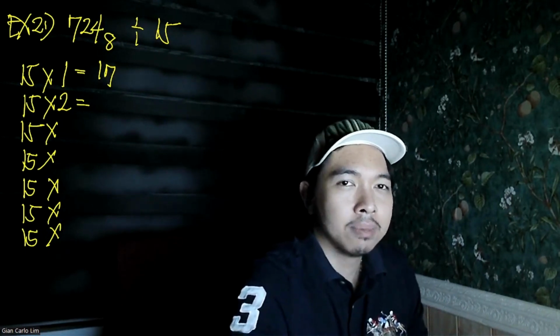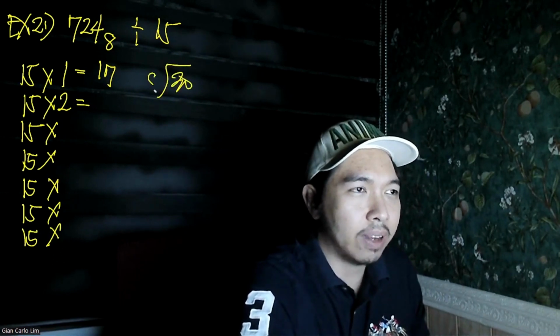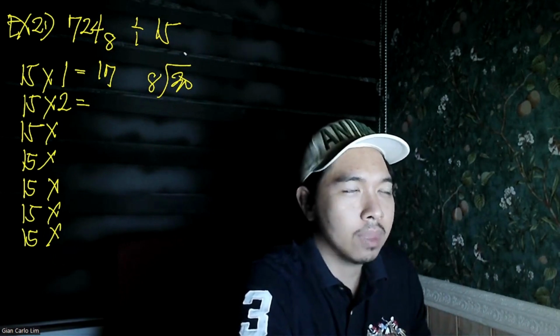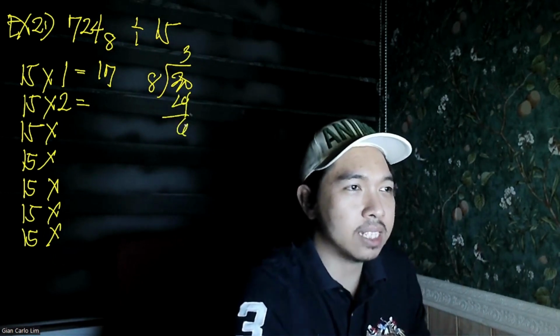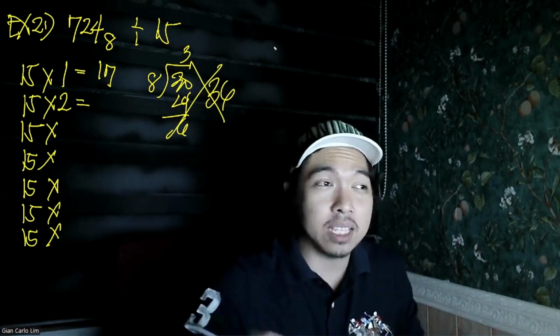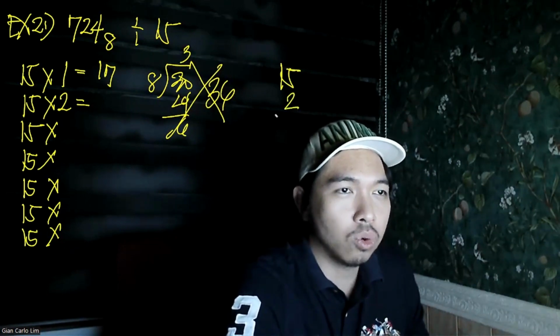Most likely what others will do is 30 divided by 8. Then we have here 3, 24, so 6. It's not 36. But rather, remember, what we did in multiplication, 15 times 2.